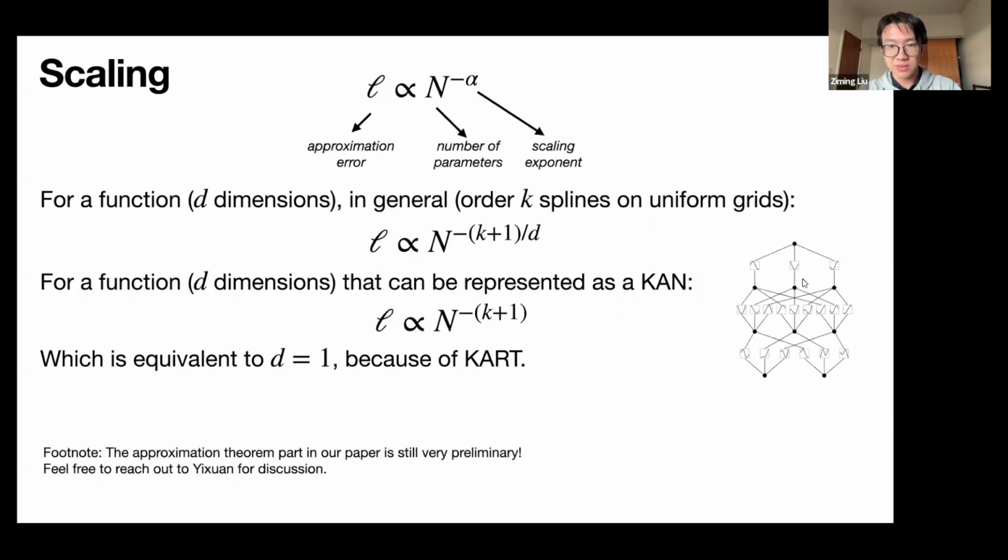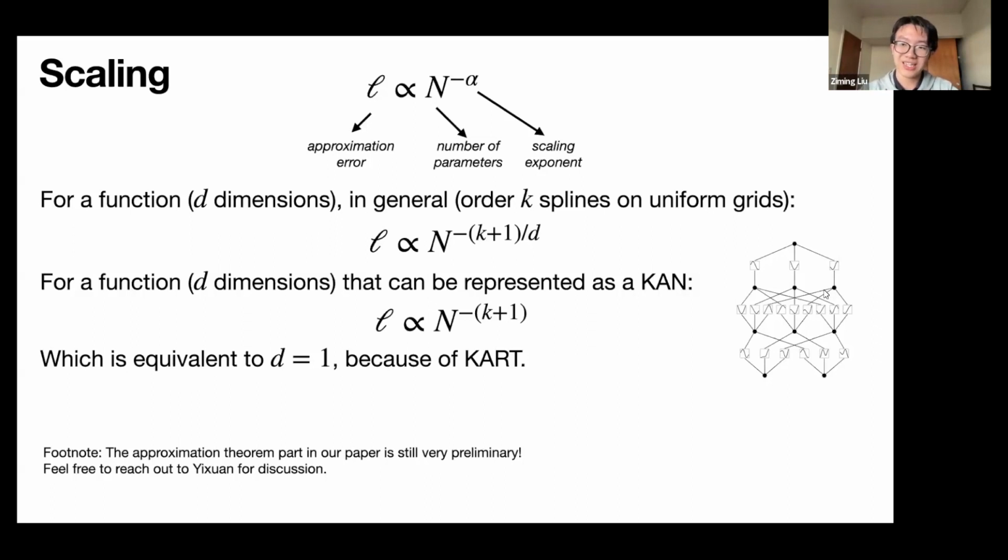then if you use d-dimensional splines of order k, and the grid points are placed on a uniform grid, then the scaling exponent unfortunately needs to be divided by d, which is known as the curse of dimensionality. But what's nice about Kolmogorov-Arnold is that the assumption is that if the function has a compact, smooth Kolmogorov-Arnold representation, then as we showed earlier, it's actually just summing and approximating 1D functions.